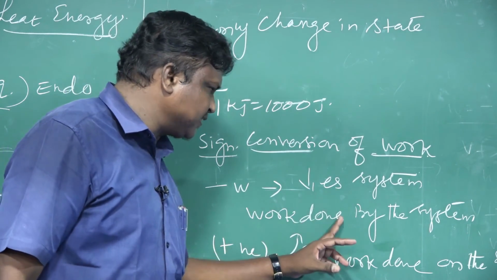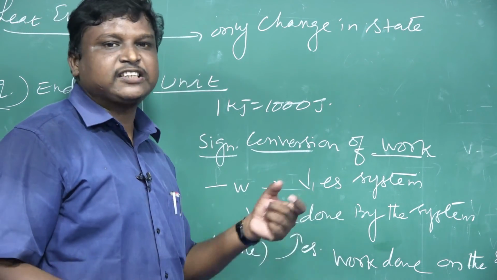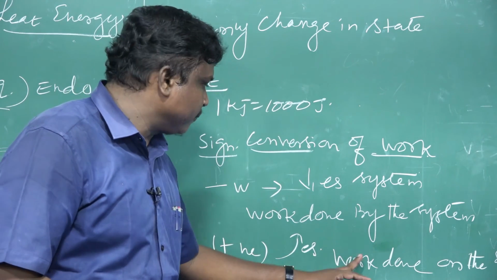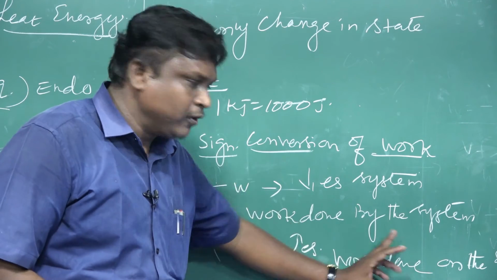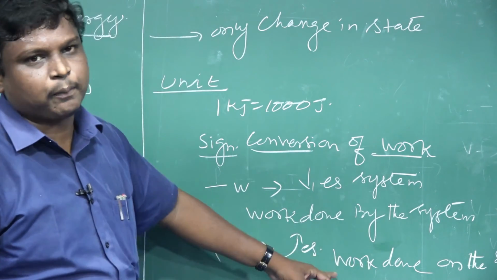Suppose the work is done by the system: a gas undergoes expansion. Positive work is work done on the system, so work done on the system is compression. Okay.